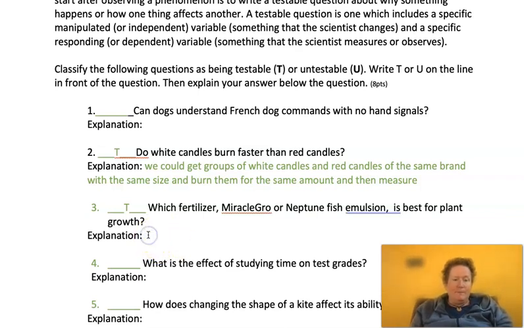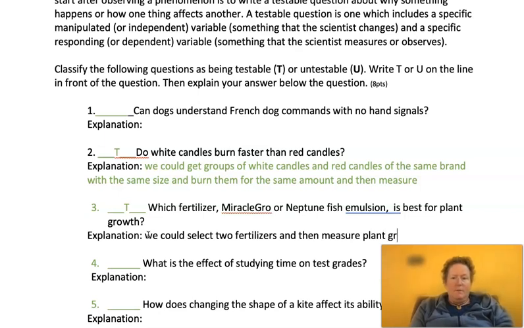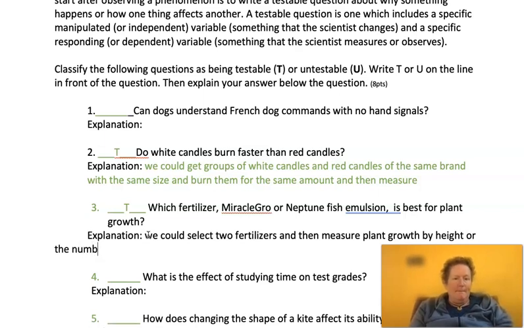So we could select 2 fertilizers and then measure plant growth by height or the number of, let's just say the mass of fruit produced. Because tomatoes, remember, are actually a fruit.